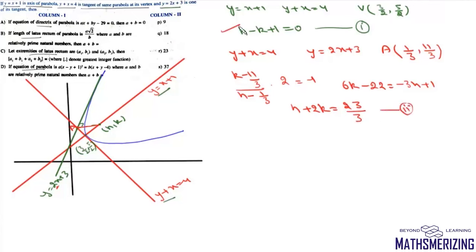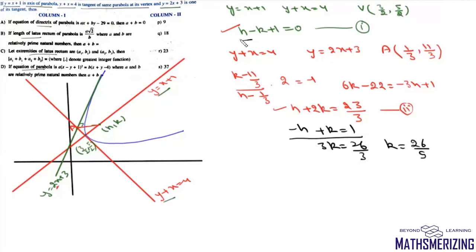So now we have two equations. If we solve these two equations, we'll get the values of h and k. We'll write the first equation as minus h plus k equals 1. We'll add them and get 3k equals 26 by 3, so the value of k is 26 by 9.